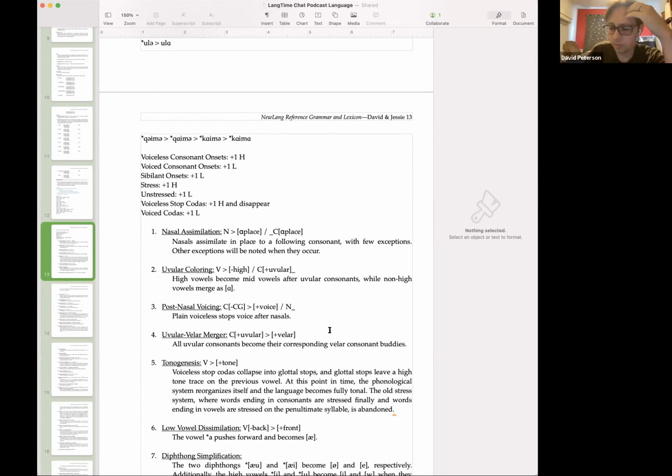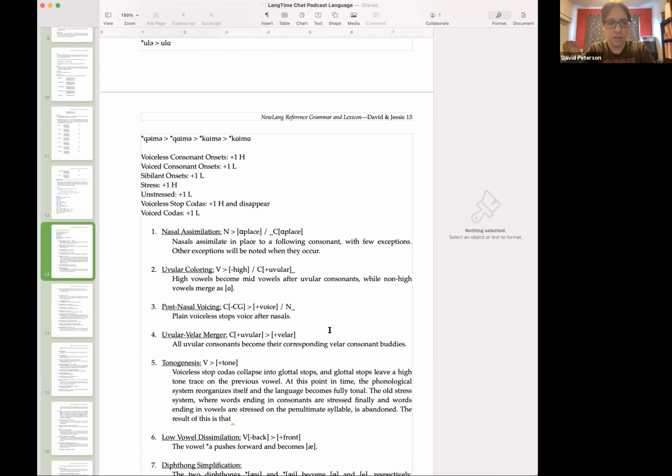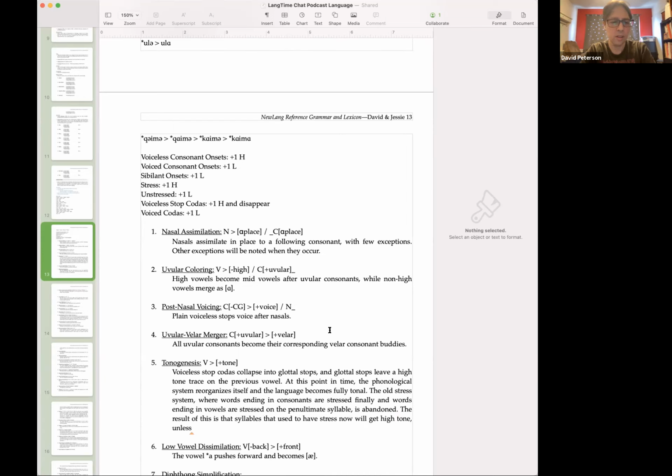Okay. Okay, so then, hold on, I just need to think here. Okay, so the result of this is that syllables that used to have stress now will get high tone unless they are counter, how about unless they are gainsaid by a depressor?